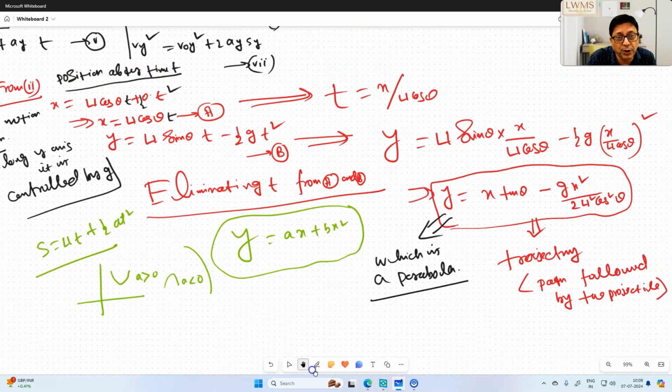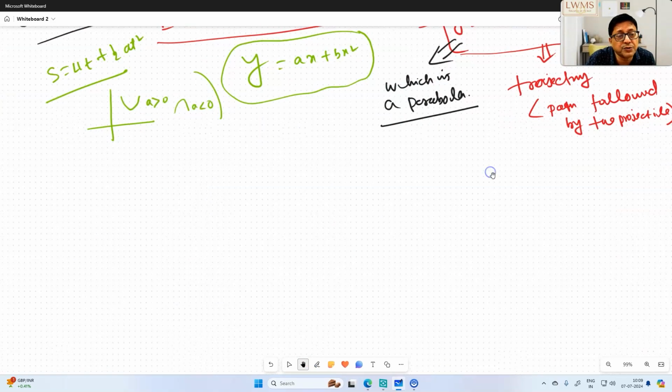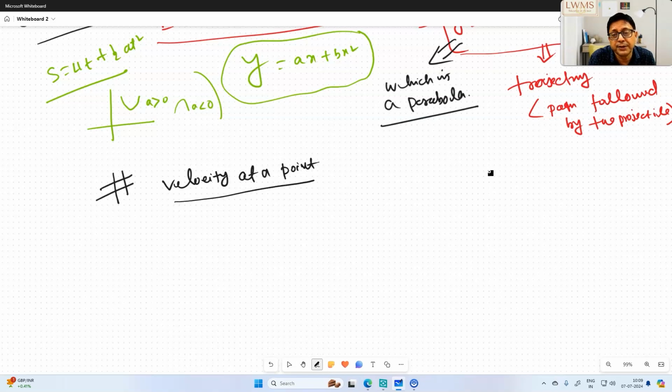Now position we got and equation of trajectory also we got. Next I am going to explain velocity at a point. How to find it? This is very easy. At this point, say we want to write velocity. This velocity vector will be tangential, that I have explained, why it is tangential, that we have seen before.